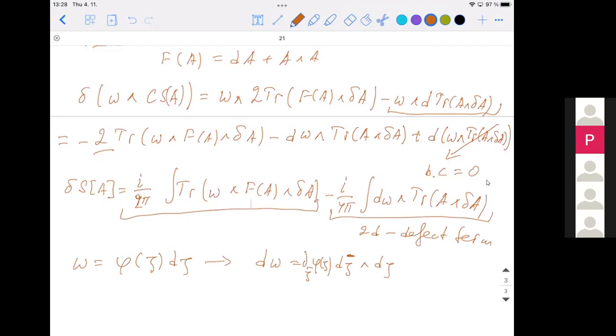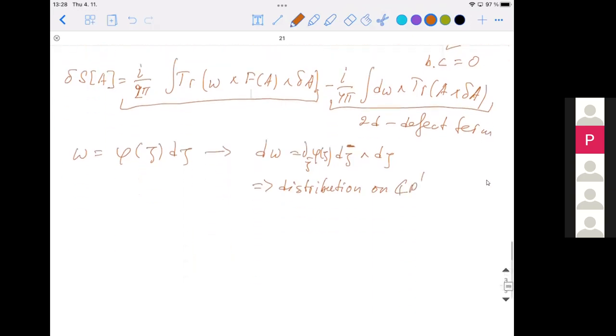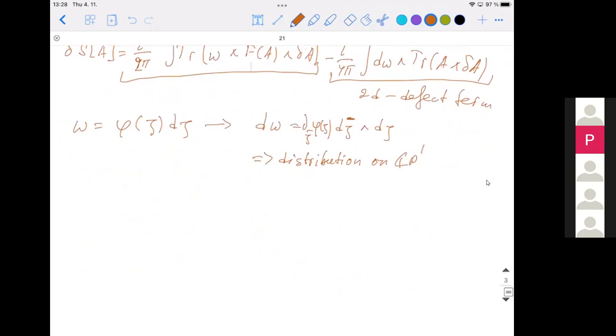Generally it's just a distribution on CP1 with some support. We will call it zeta.